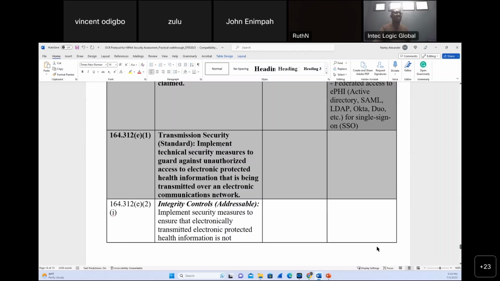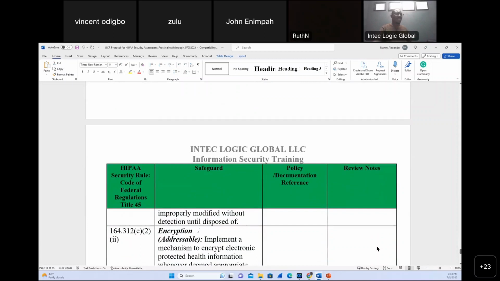The last one that we're going to talk about is integrity, that is transmission security, right? So under that, we have integrity control. It said implement security measures to ensure that electronically transmitted electronic protected health information is not improperly modified without detection until disposed of, right?